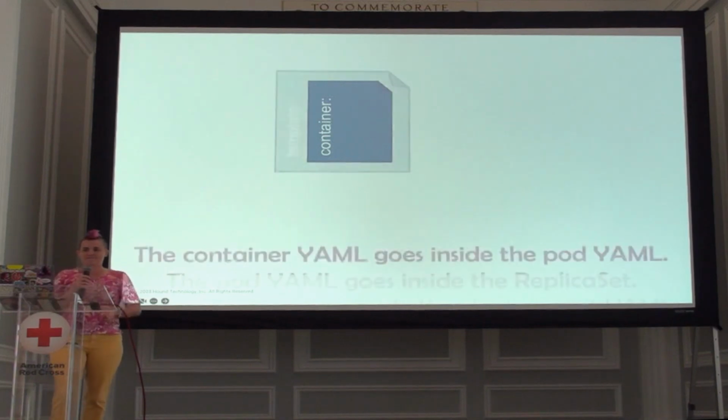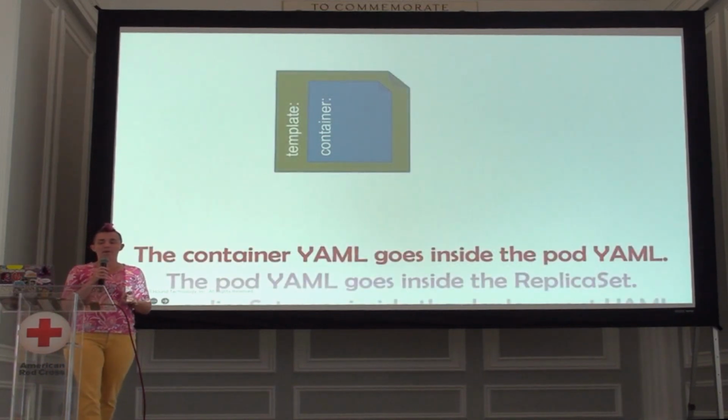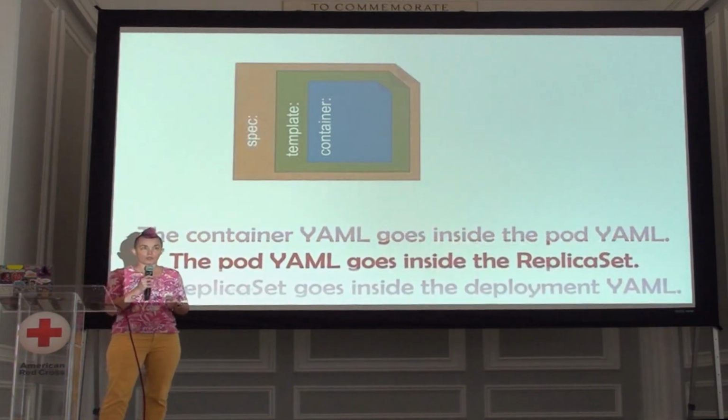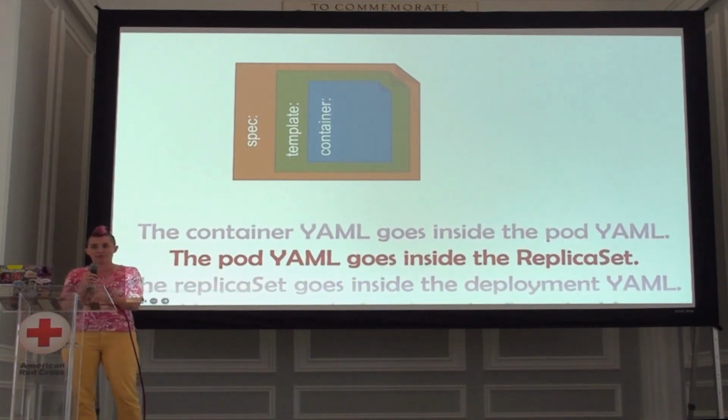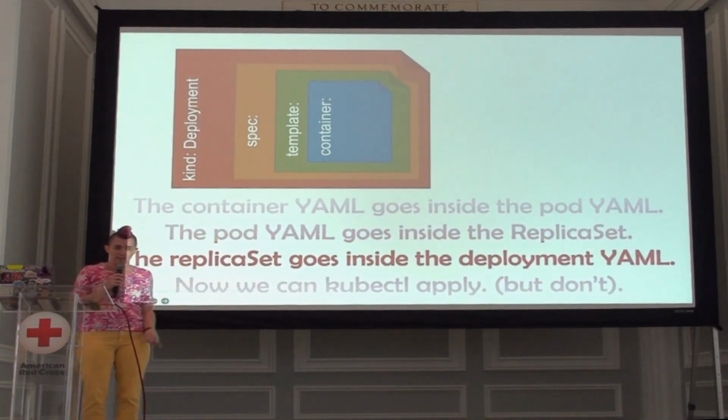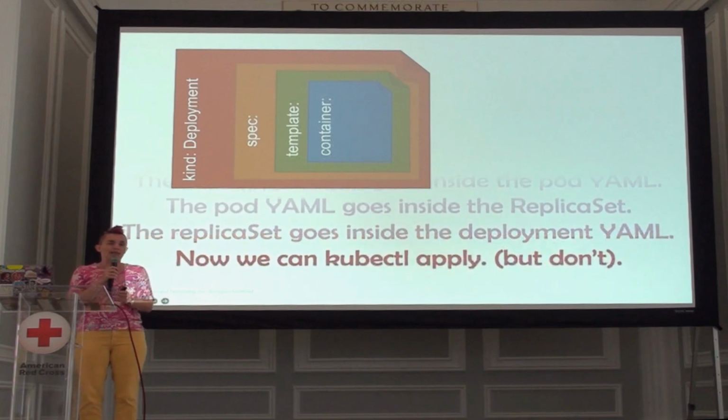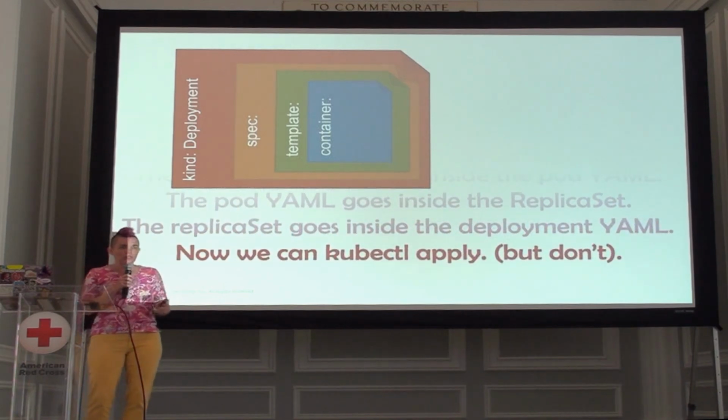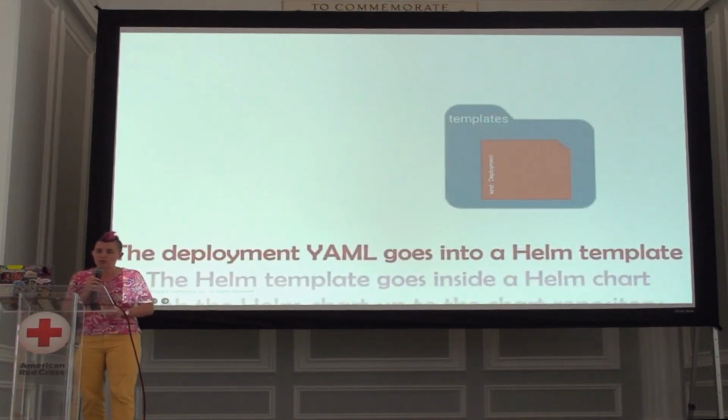The container YAML goes inside the pod YAML. The pod YAML goes inside the replica set. The replica set goes inside the deployment YAML. And now we can kubectl apply, but don't, because deployment does not make an app.